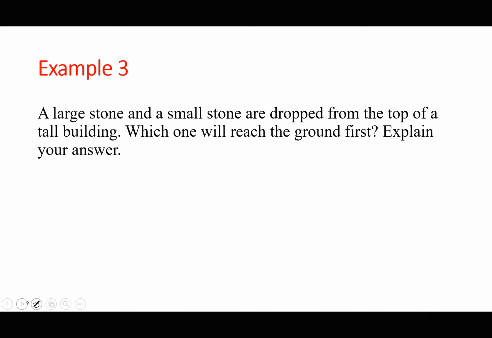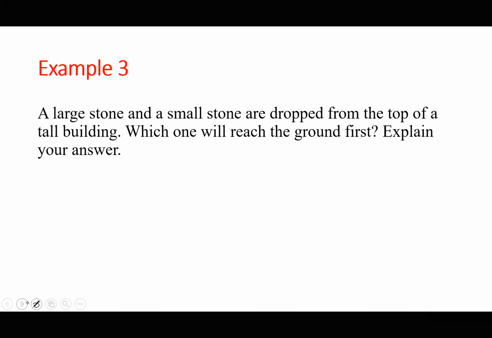So there are two ways of thinking about this. Of course, a layman will think that the large stone is expected to reach the ground first. But if we assume that there is no air resistance, a large object and a small object would arrive on the ground at the same time.